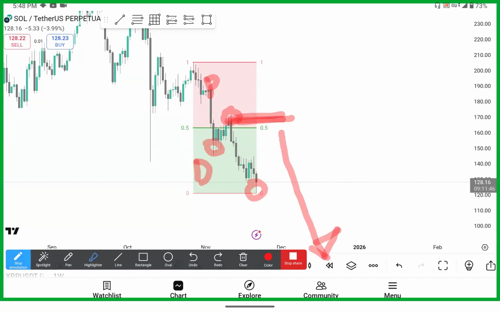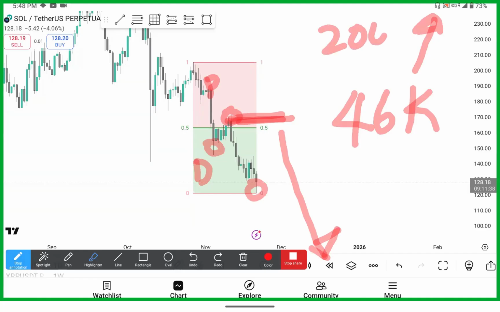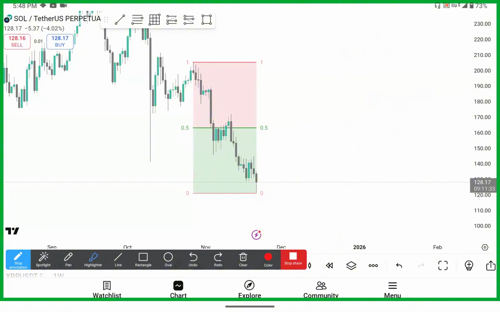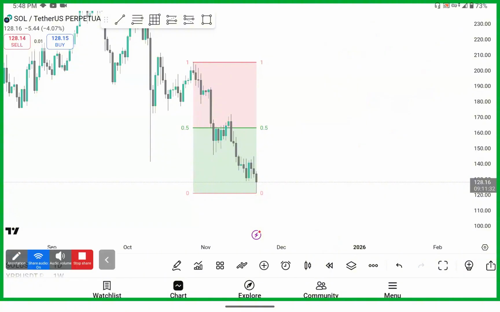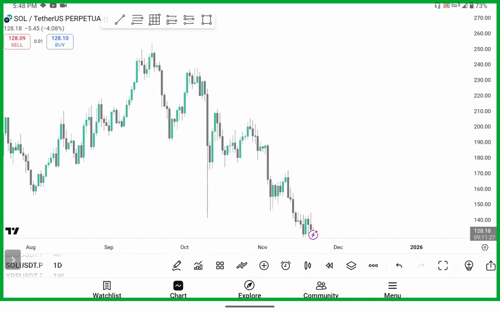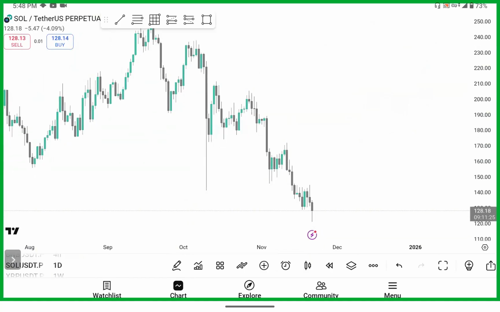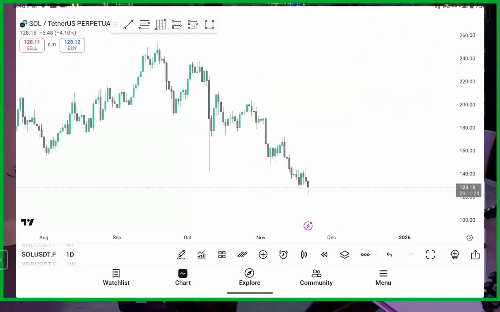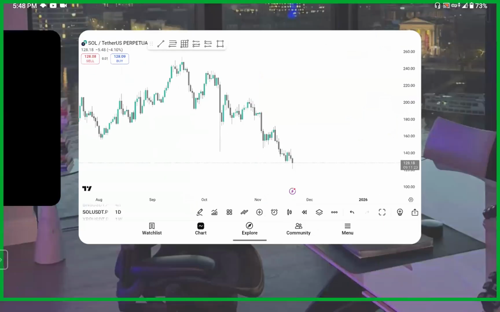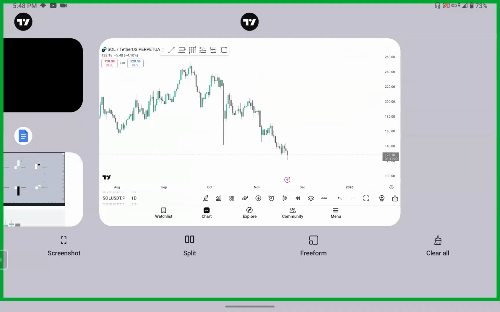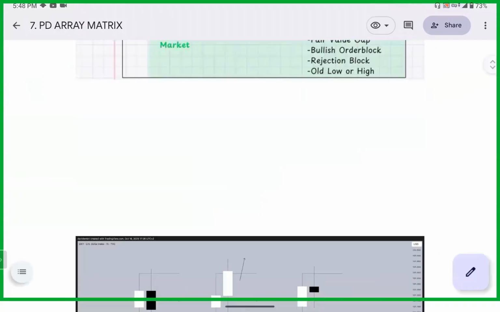Because I am anticipating Bitcoin to go up to 46K before it reverses back to $200K. So you should put that into consideration. Hope you have understood that area. So that is the reason why I was trying to illustrate to you about premium and discount, which I had explained to you in this area, you see.